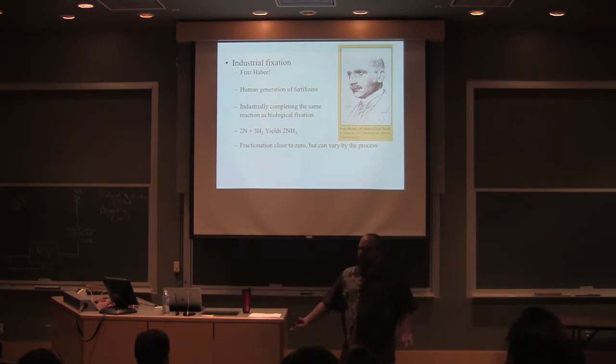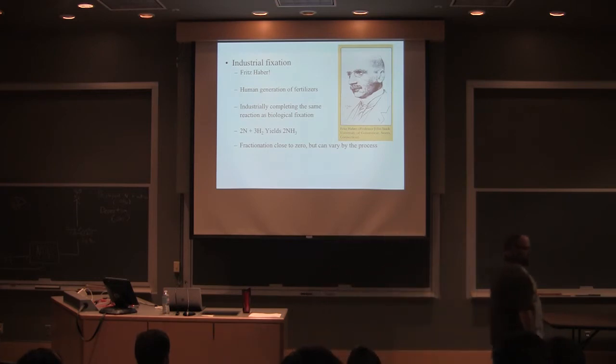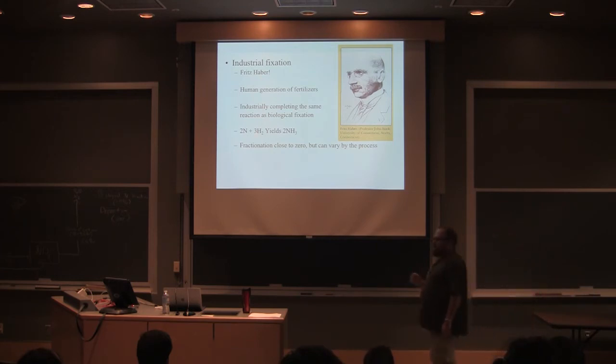You had to get it. There's only a few natural occurring sources of nitrate. And so that's what he was at the Kaiser Wilhelm Chemical Institute in Germany. And they figured it out, how to do this industrially. So doing the same reaction that nitrogenase is doing, they could make fertilizer, basically, out of N2 and hydrogen. Okay? This process fractionates pretty close to zero.